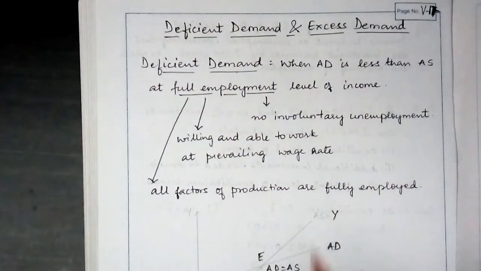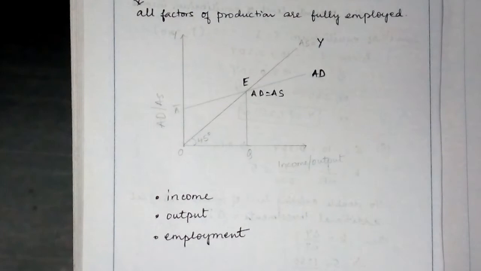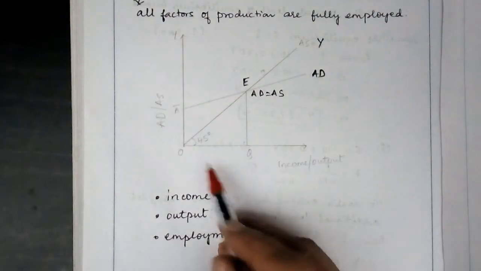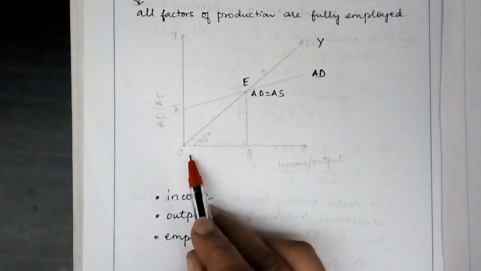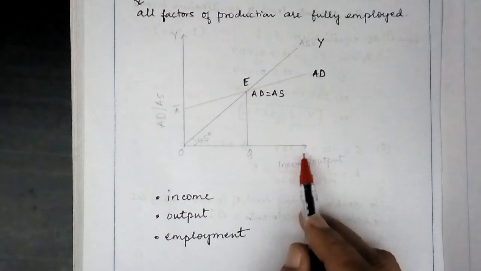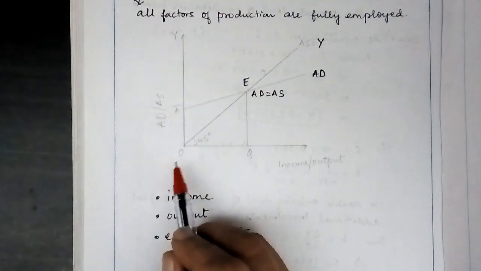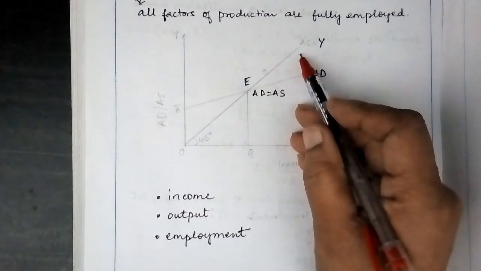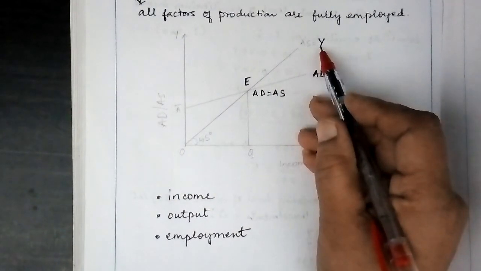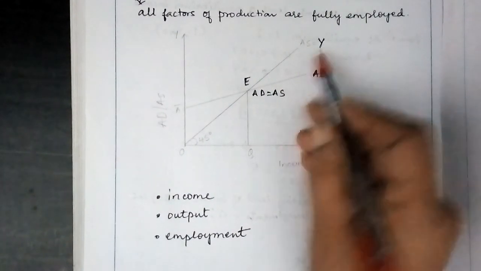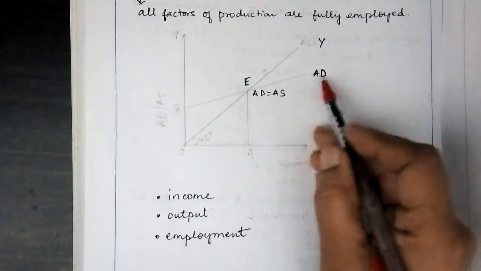Now when you look at the graph, we find after plotting income and output on the x-axis and AD and AS on the y-axis, AS is a 45-degree line which is also equal to income, and this is the AD curve.